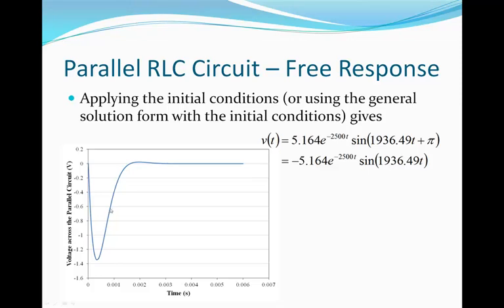It's going to very quickly reach 0 volts. But as it approaches 0 volts, because it's an underdamped system, it's going to overshoot that 0 volt steady state condition and slightly oscillate about 0 volts. But because we have a damping ratio that is closer to 1, the oscillations are going to settle out pretty quickly.